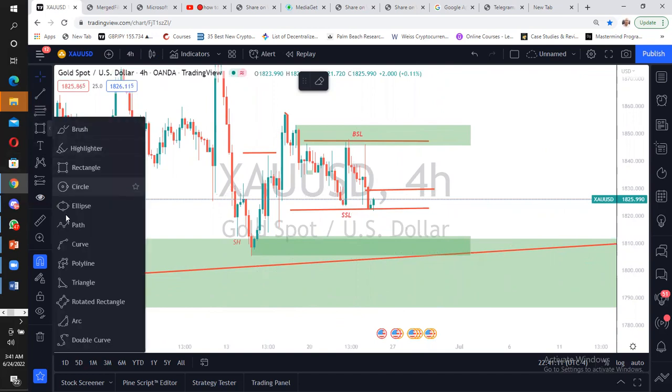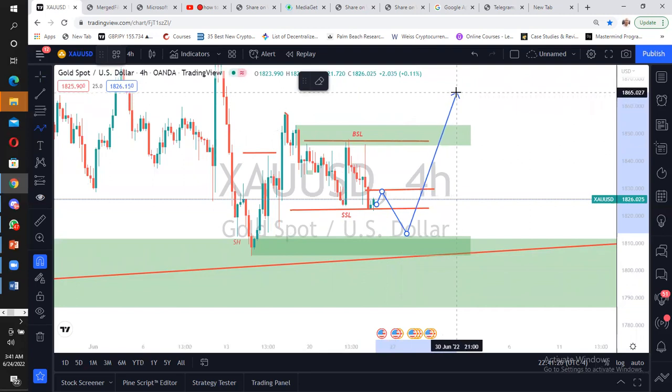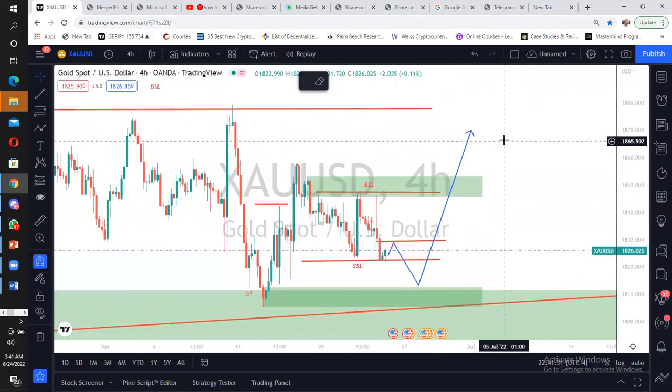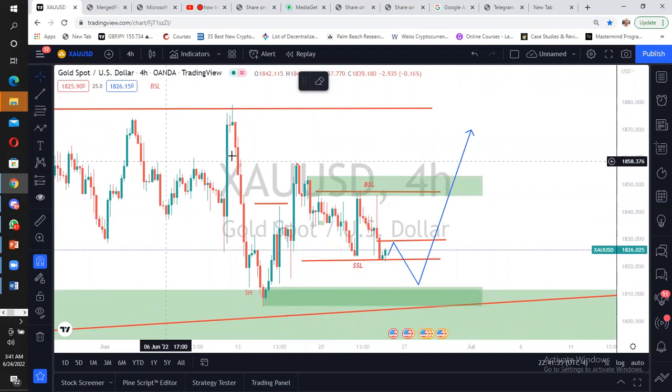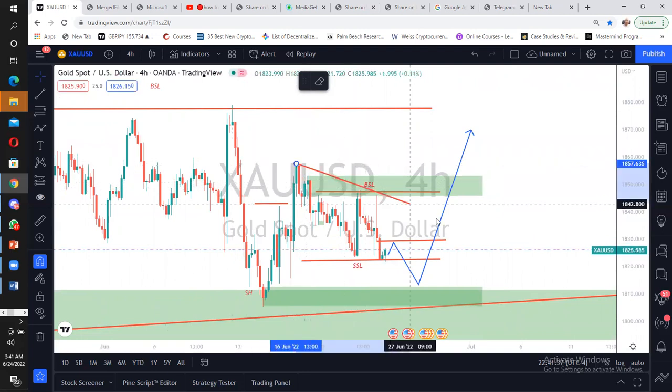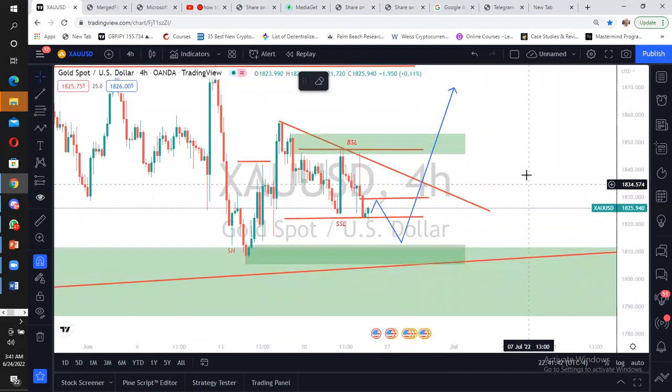So what I'll be expecting is this trading into this fair value gap, then flushing back down into this level and finding its way up to close, to remove this liquidity that is here, this trend line liquidity.